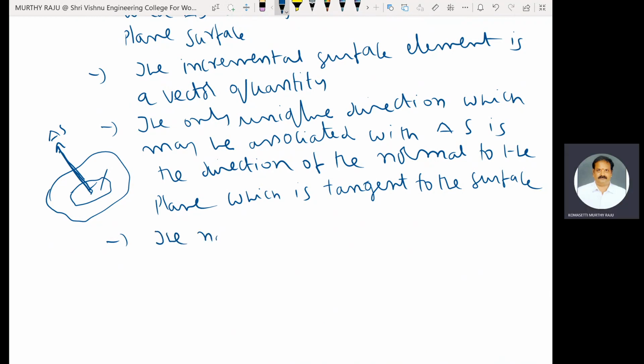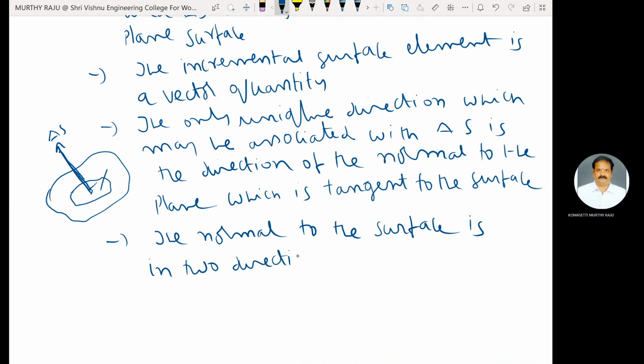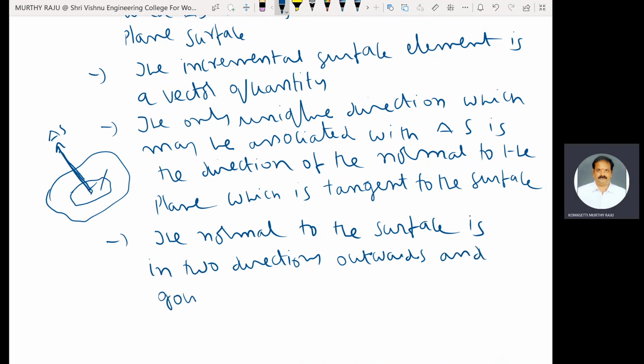Two directions: outward, and going into the surface.